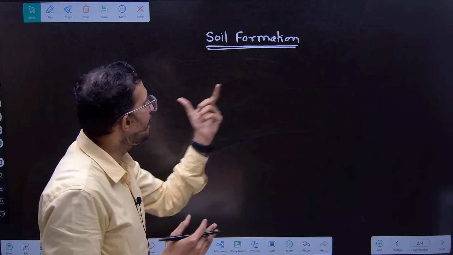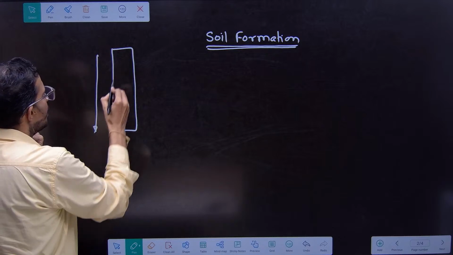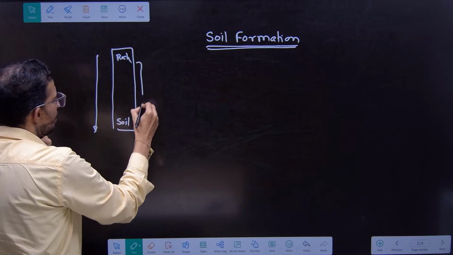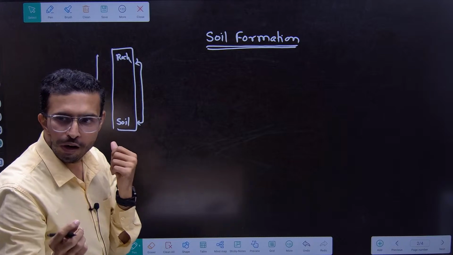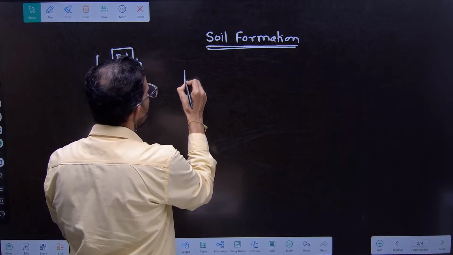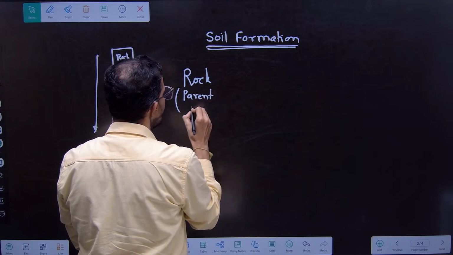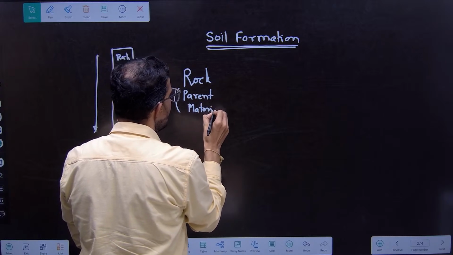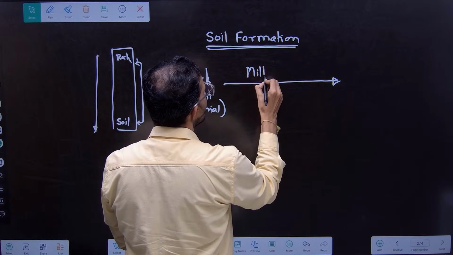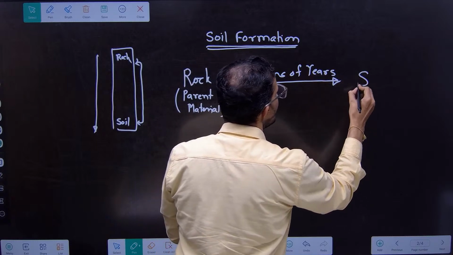See, we have seen just one image. This is the millions of years timeline. Within millions of years, there is a formation of the soil from the rock into smaller particles or finer particles, that is the soil. Suppose this is a rock, or we can call it the parent material, that is the source of the rock, and we are having the millions of years, and there is a formation of the soil.